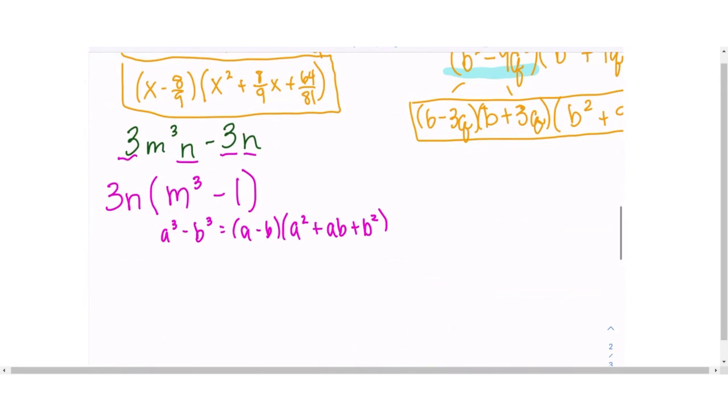I'm going to follow that pattern. So we're still going to have our 3n. And then I can see that if my a cubed is m cubed, then a is just m. So it's going to be m subtract 1 multiplied by m squared, because the cube root of 1 is 1. M squared plus m. I can put 1m here if I want to. I don't need that, plus 1. So I'm going to take out that dotted line actually.